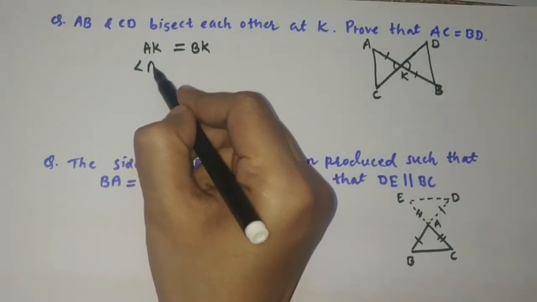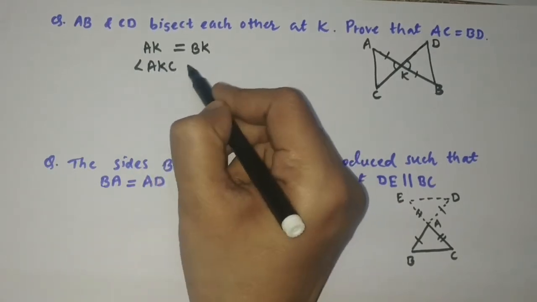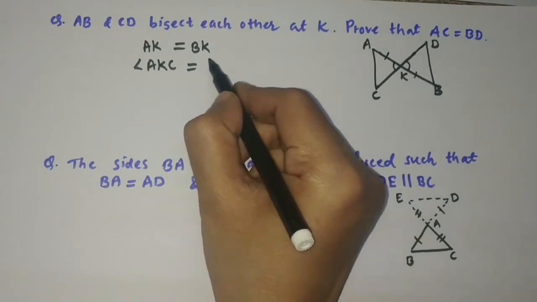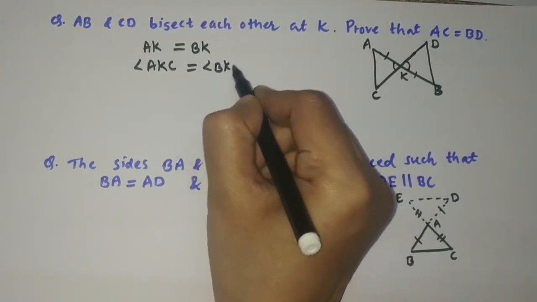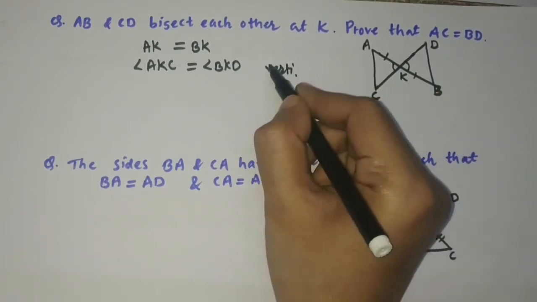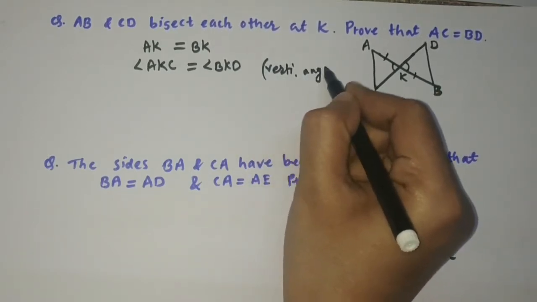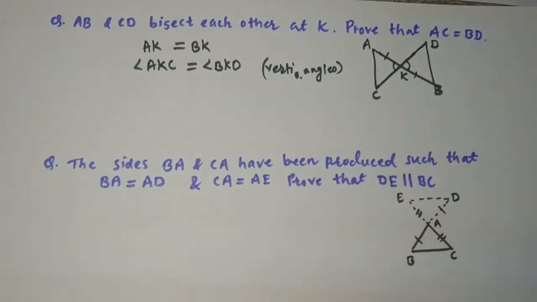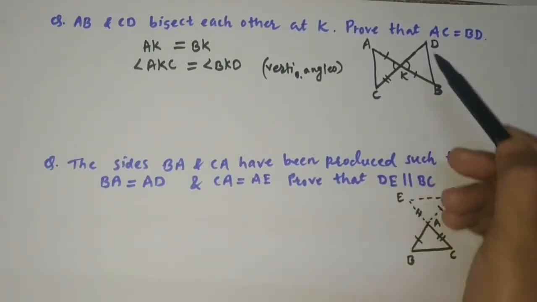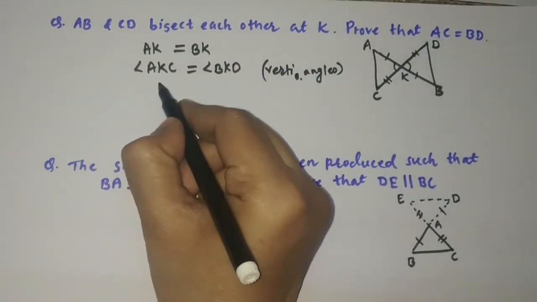So I can write angle AKC is equal to BKD. Reason you can write: these are vertically opposite angles. Now we again have CK side equal to DK side.